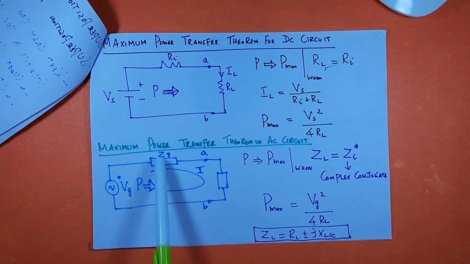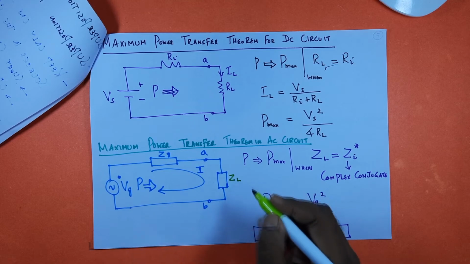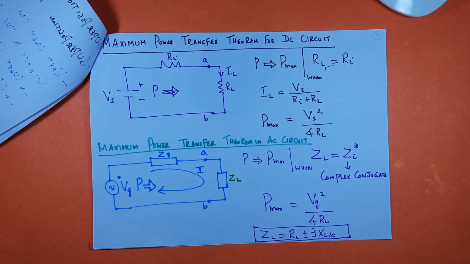Similarly, maximum power transfer theorem in AC circuit. Here we have the AC source in series with an impedance, the source impedance ZG, and ZL is the load impedance. P is the power transferred from source to the load.